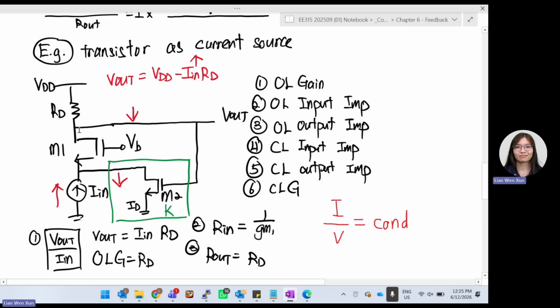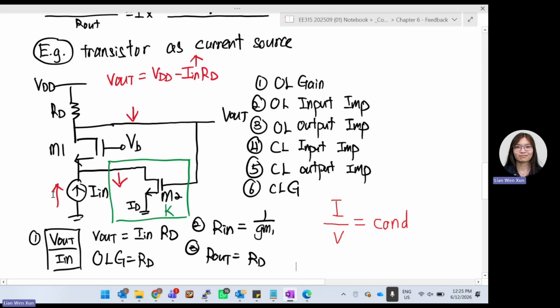It flows through the whole series transistor. So this RD will experience the same input current. So ID RD will be equal to your V out directly. I in RD is your V out. So the first open loop gain we have found is basically equal to RD directly.